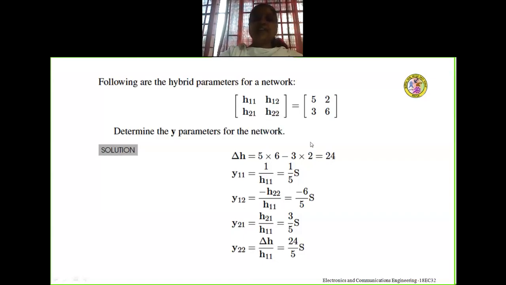And Y22 is equal to delta H divided by H11 is equal to 24 by 5. So these are some of the examples, some more examples on two-port network parameters.